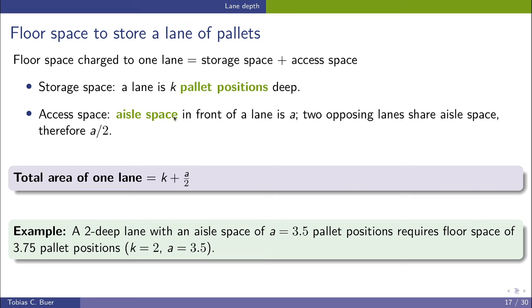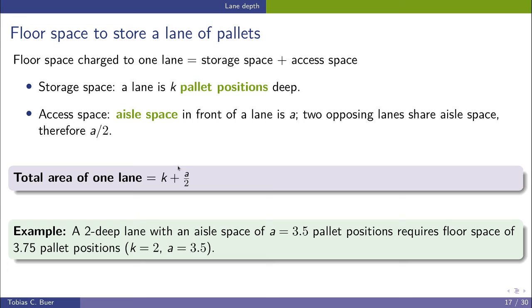And the access space in front of a lane is of course the aisle space, but because two lanes are always opposing, these two lanes share the aisle space, and we calculate this as 50% of the aisle space.